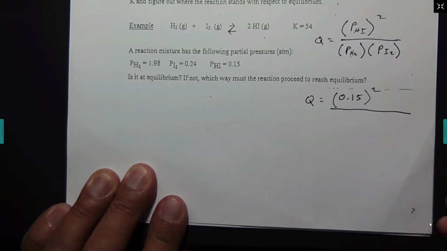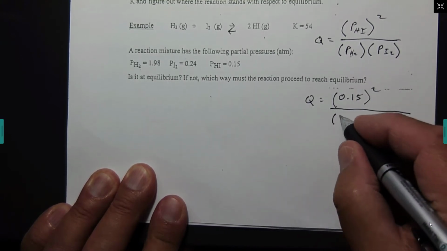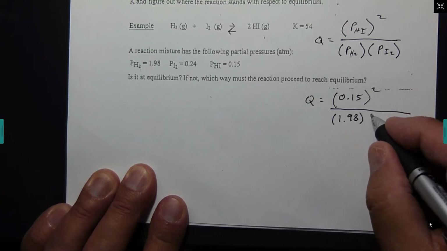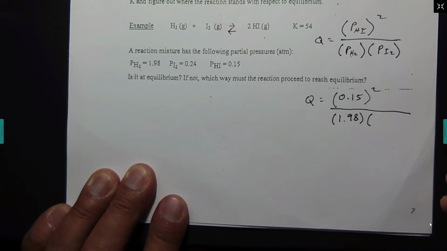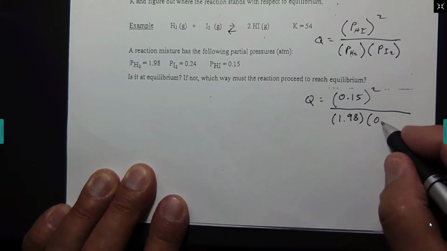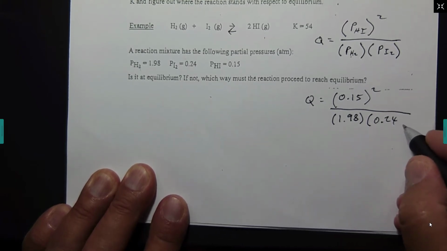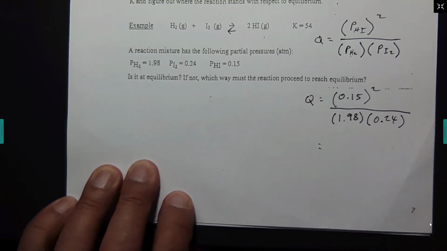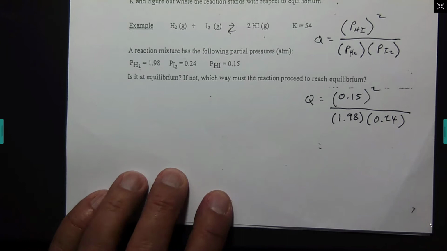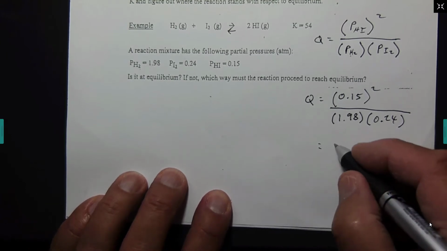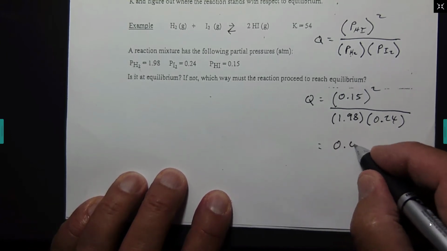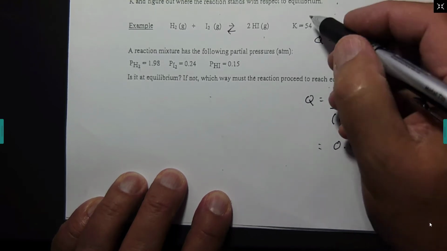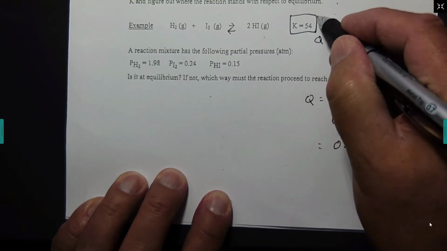For the hydrogen, we got 1.98 atmospheres. The partial pressure of the I2 is the 0.24. Crunch out a number here, and the reaction quotient is 0.047. K for the reaction is 54.